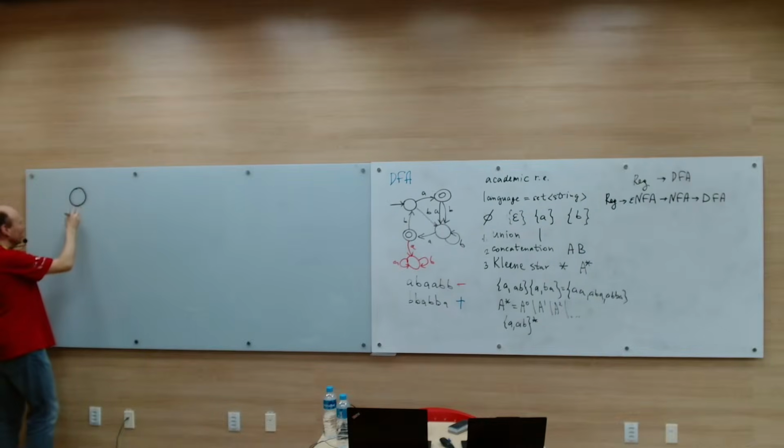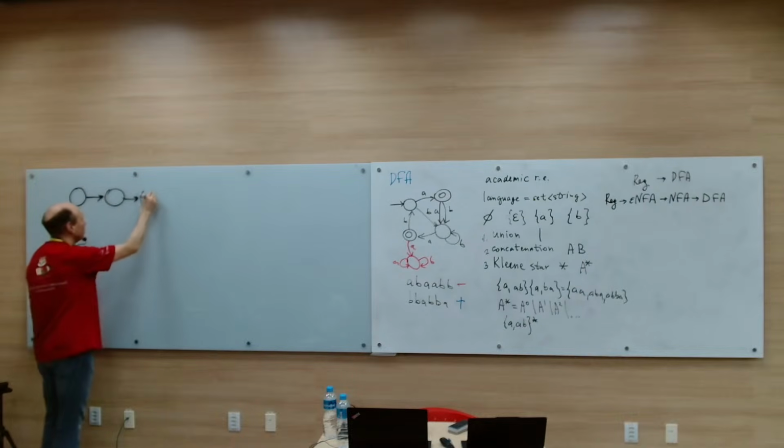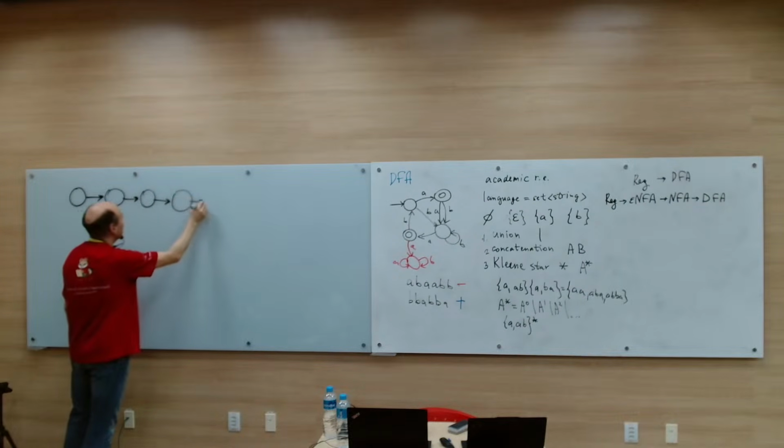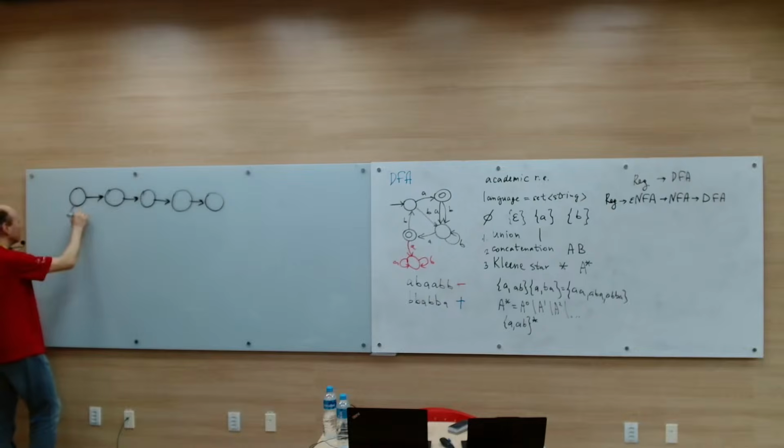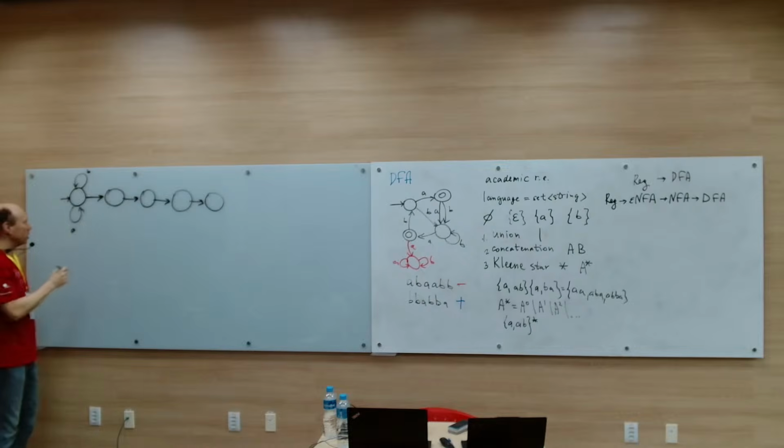Okay, so let's for example see the following automaton. 5 states. So it will be A and B here. This will be the initial state.